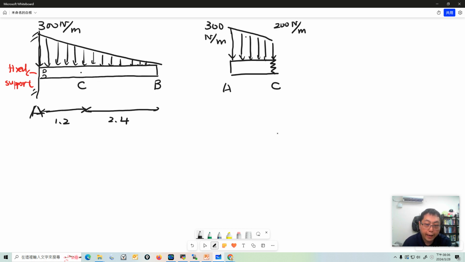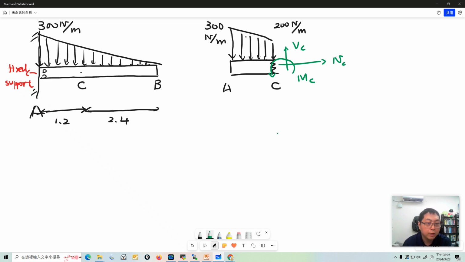At this section C, we just assume the internal force has the shear force and the normal force, and also there's an internal moment at C.